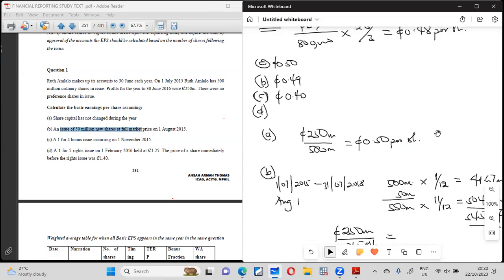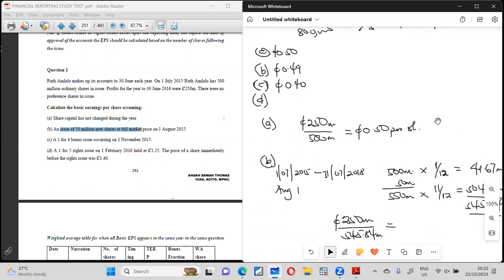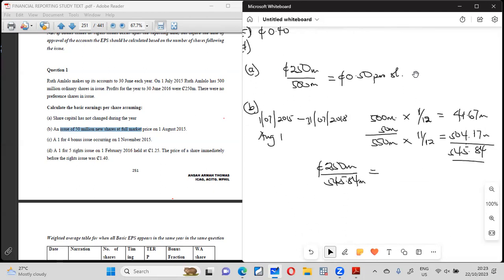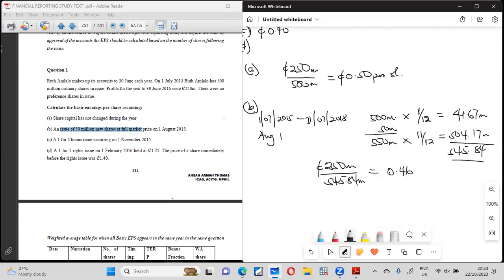But you gave me 0.49. If it's correct, it should be 0.46 per share.